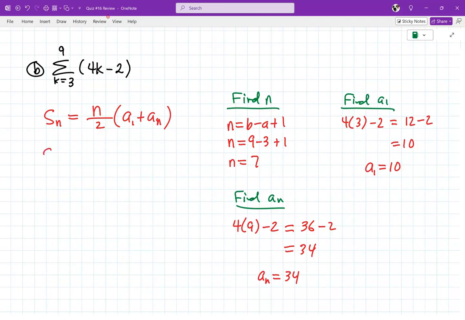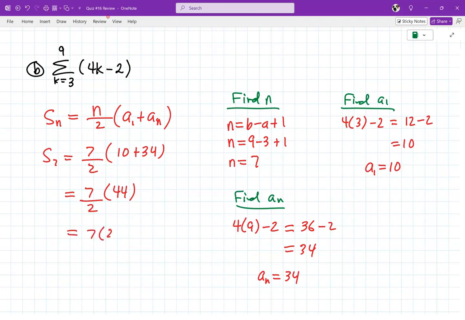So S sub 7 is equal to 7 over 2 times a sub 1 plus a sub n, that's 10 plus 34. 7 cannot be divided by 2 evenly, so I'm going to leave it as a fraction. And 10 plus 34, that's 44. I can divide 44 by 2, that becomes 22.